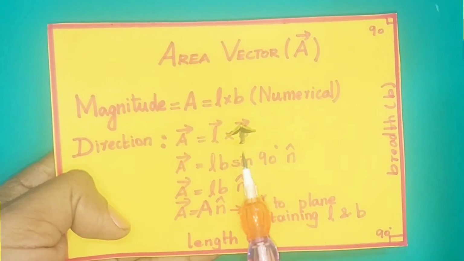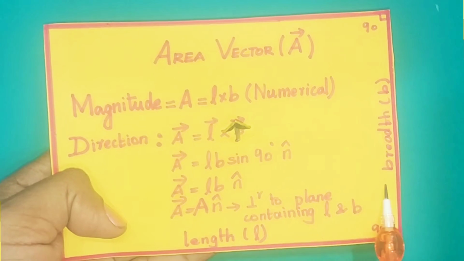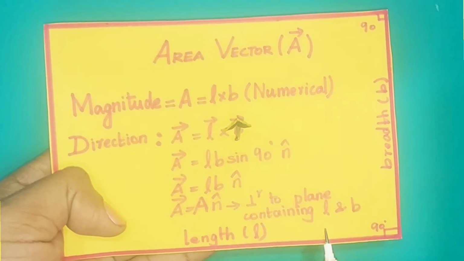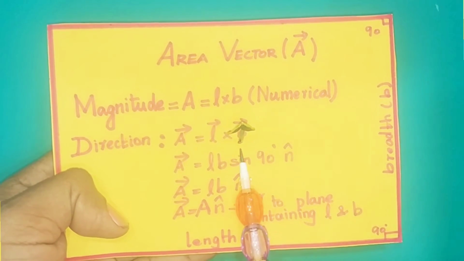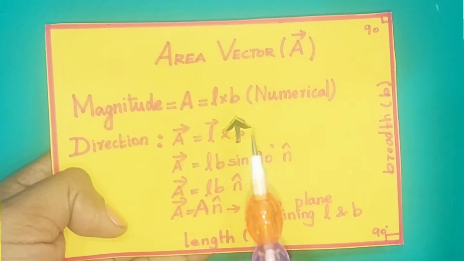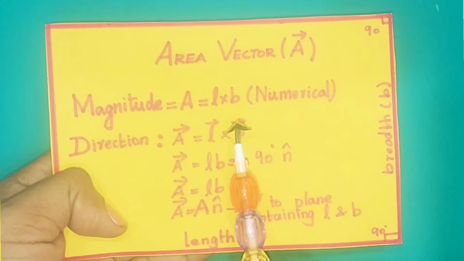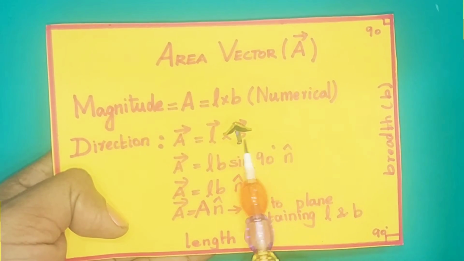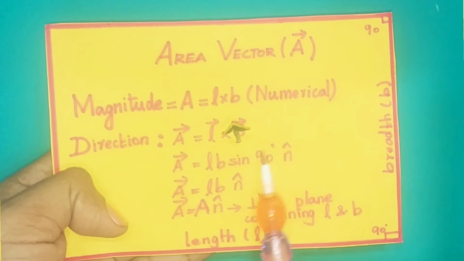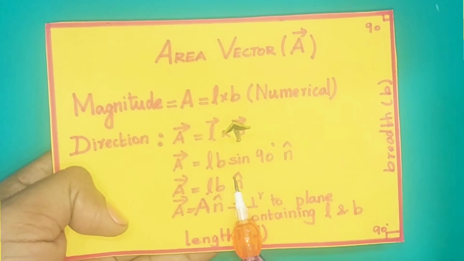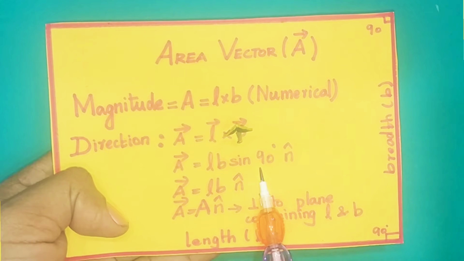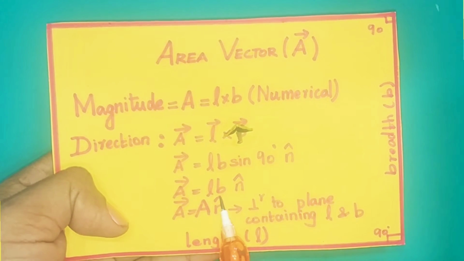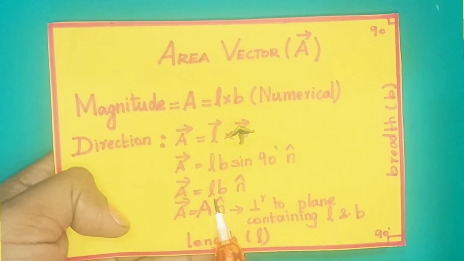See here, it is pointing outward, and here is the plane containing length and the breadth, and the unit vector n is pointing outward and it is at an angle of 90 degrees to the plane containing length and the breadth. And the value sin 90 is 1. So A vector is equal to LB n unit.